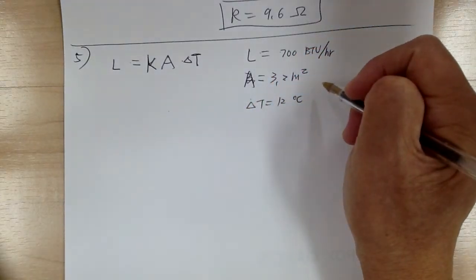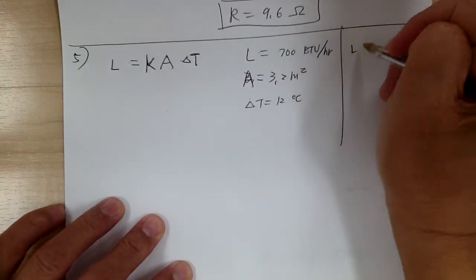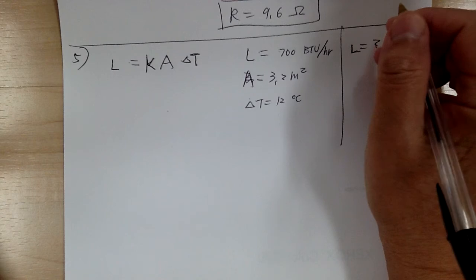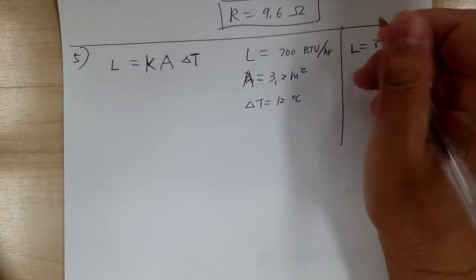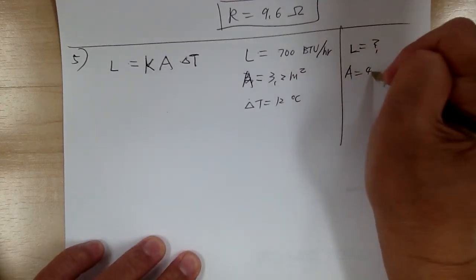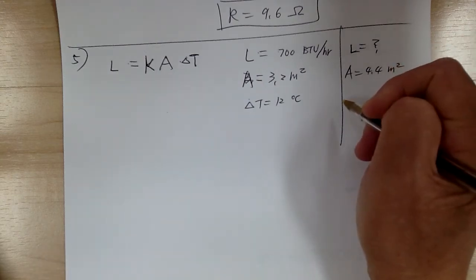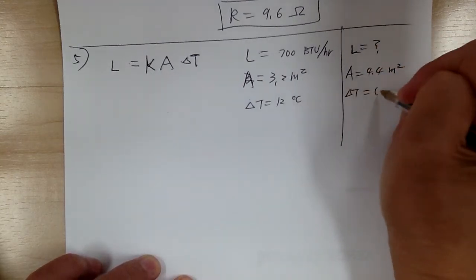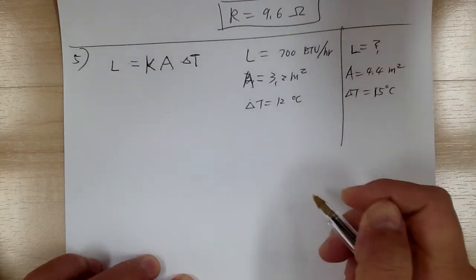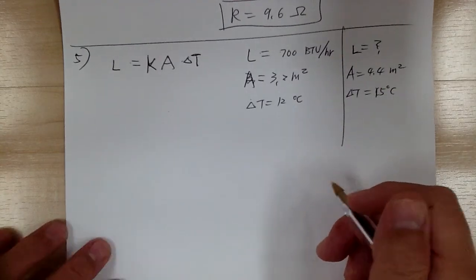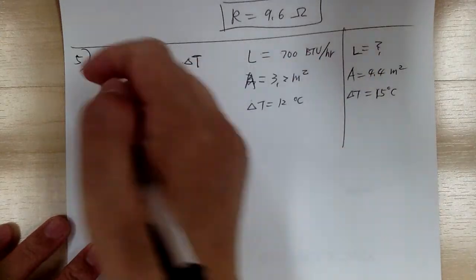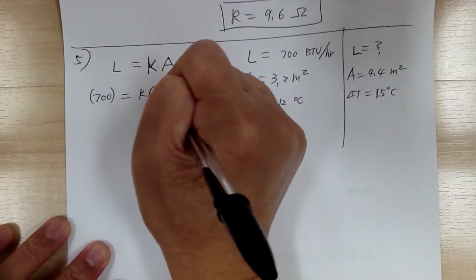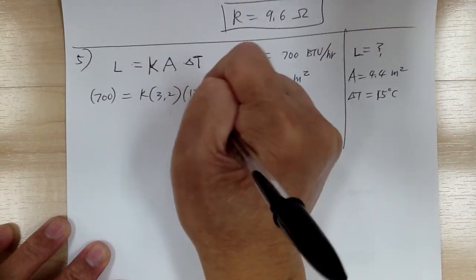What is the heat loss through a 4.4 square meter window when the temperature difference is 15 degrees? Just like before, work it through. First, let's substitute everything here. So 700 equals K times 3.2 times delta T, which is 12.